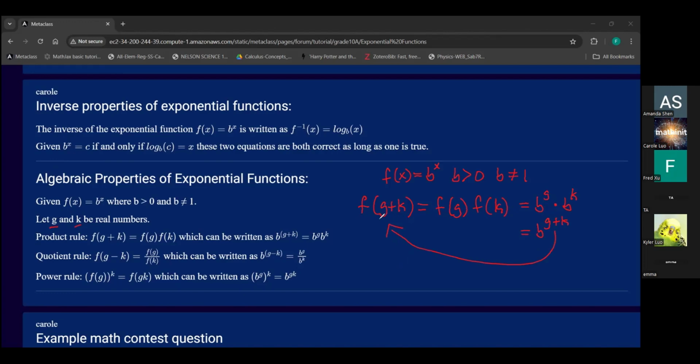So in order for this to make sense, you must think of whatever is in these brackets as the exponent. This is just a placeholder for the x over here.